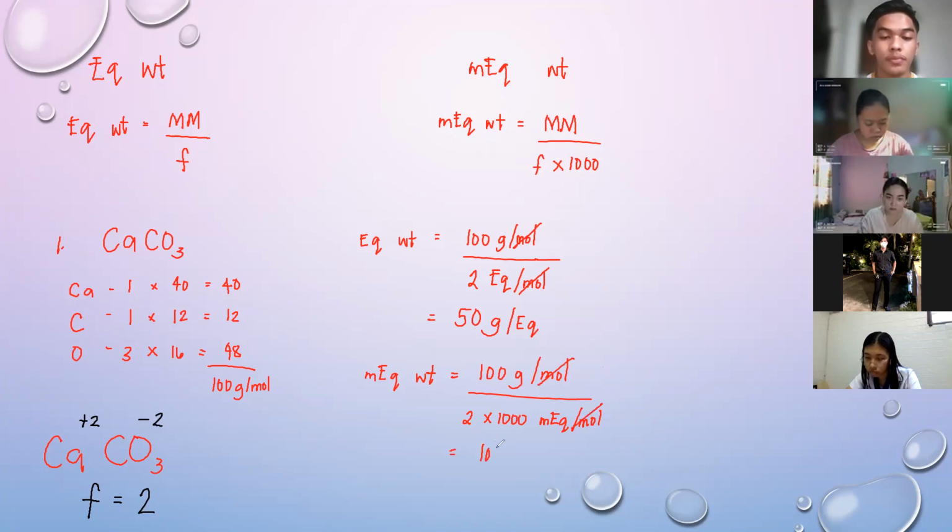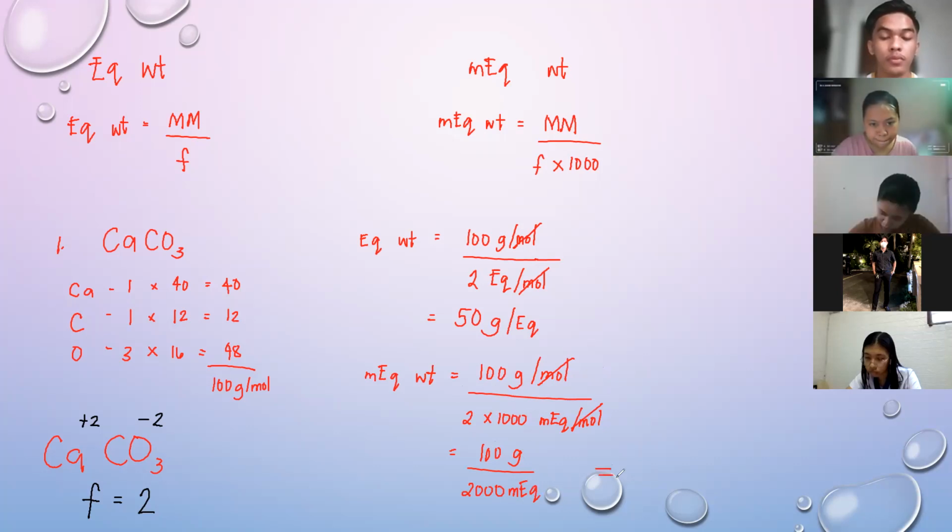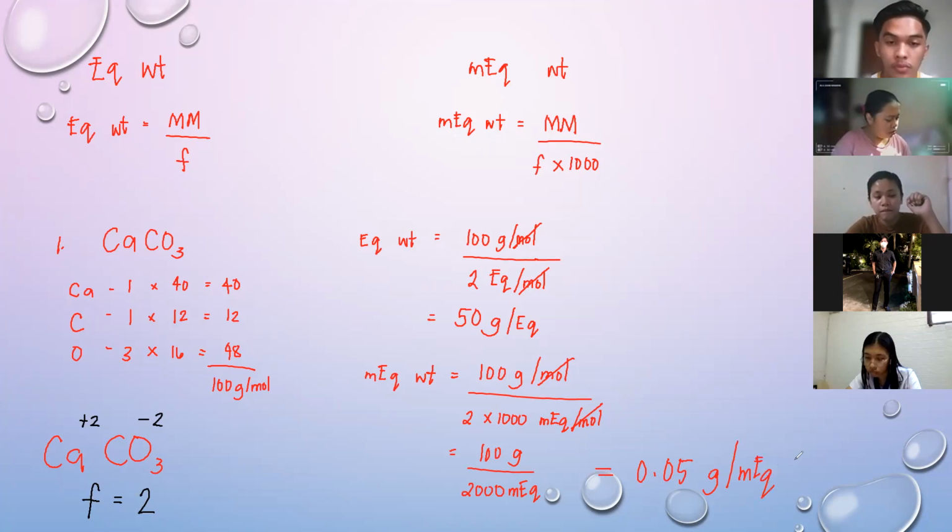This is 100 grams divided by 2,000 MEQ. So this one is 100 divided by 2,000. Okay. 0.05. Okay, sulat ko. 0.05, the unit is grams per milli equivalent.